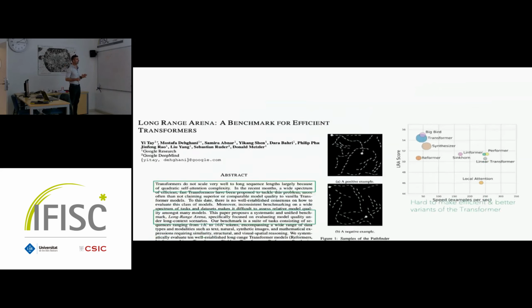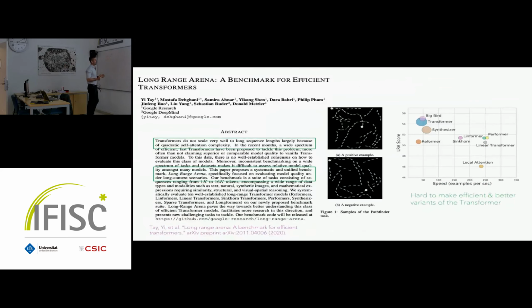And so what's happening? A few years ago, the community started investigating if it was possible to change a little bit the way in which transformers were created, and maybe to challenge the community to create lighter versions of transformers that could be more efficient, so as to avoid this quadratic cost in inference.